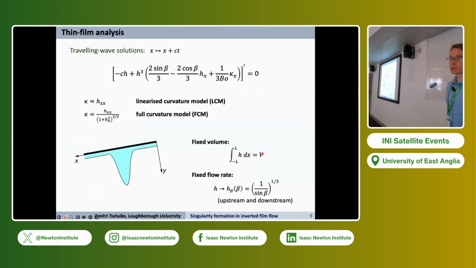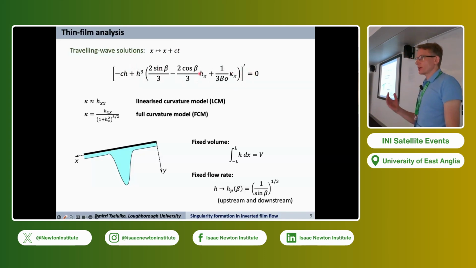We are interested in analyzing traveling wave solutions to this thin film equation. So we rewrite this equation in the frame traveling at the speed of the traveling wave, c, and then we obtain that traveling wave solutions must satisfy this ordinary differential equation.